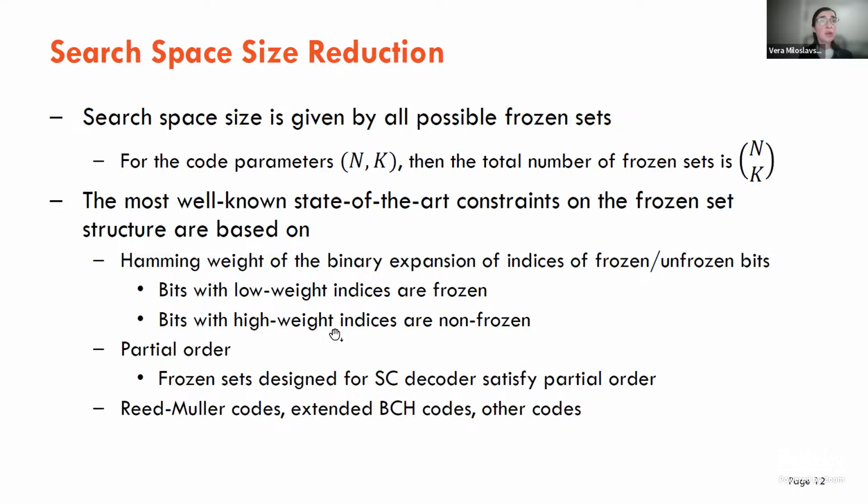The most widely known constraints are based on the analysis of weights of elements of the frozen set. This comes from information about pure polar code. For pure polar code, for example, to have a minimum distance 8, we know that all indexes with a binary expansion of Hamming weight up to 4, or up to 2 logarithm of 4, must be frozen.